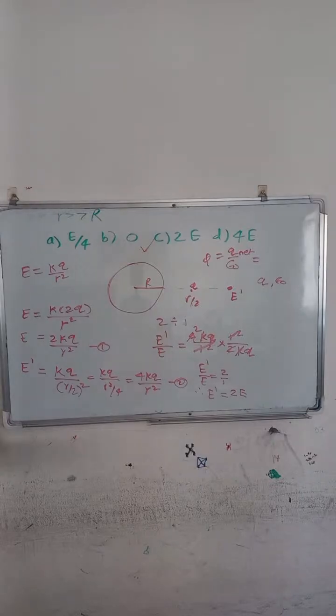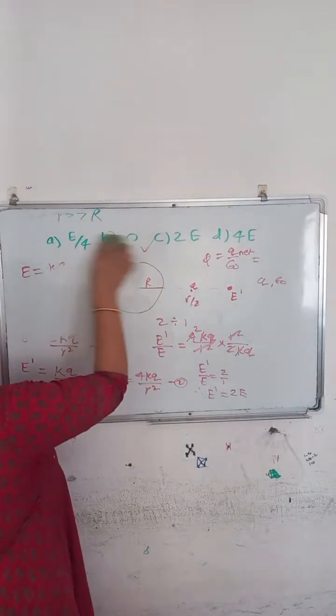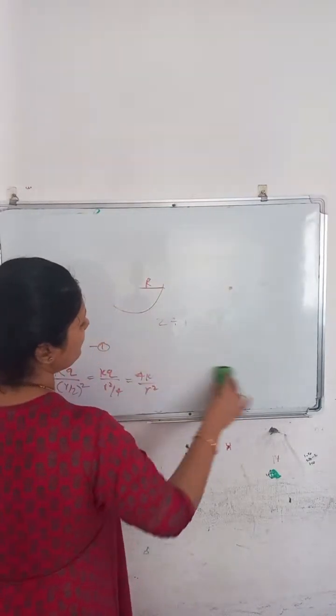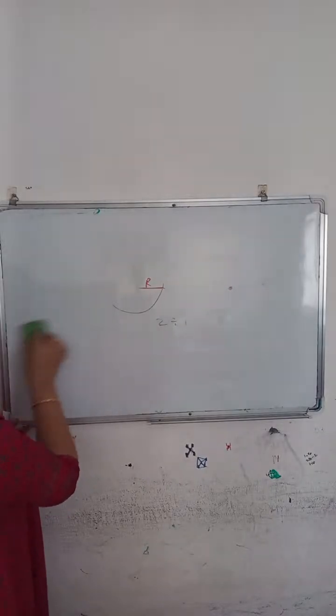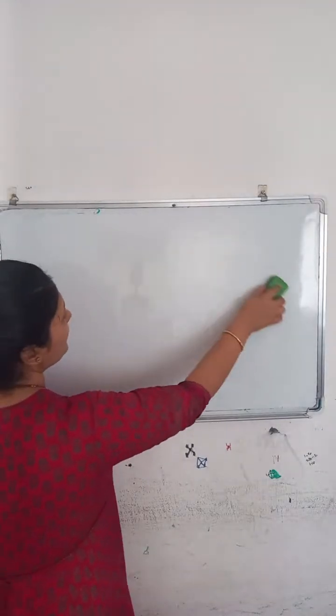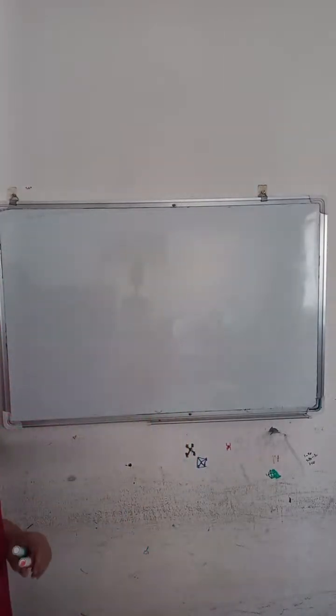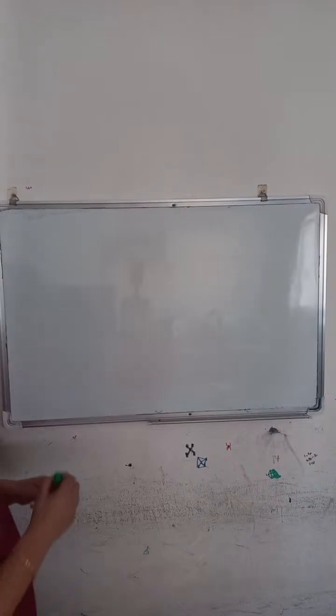So here an electric dipole is placed in an electric field, but that electric field is non-uniform. Just now we did one MCQ where the flux is continuous everywhere if the electric field is uniform. Now here we have a non-uniform electric field.